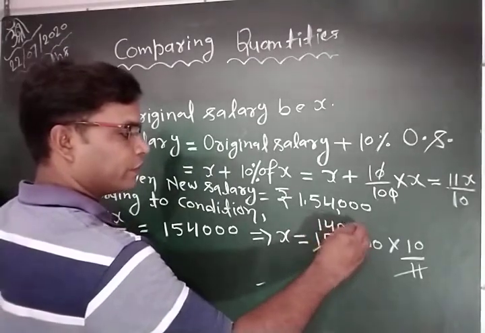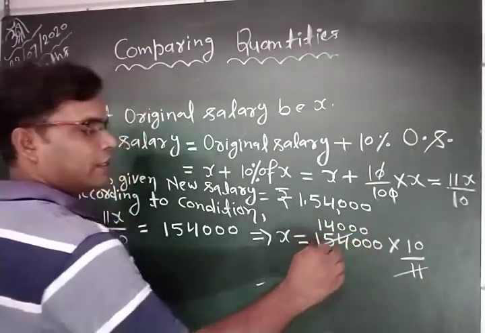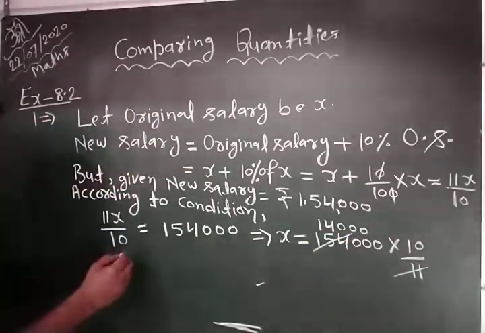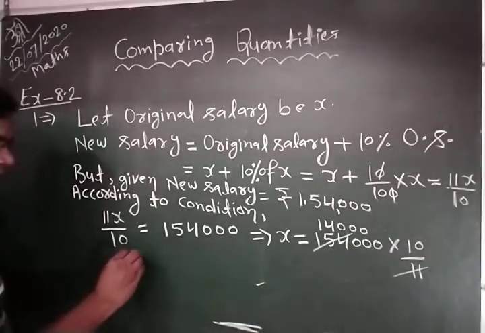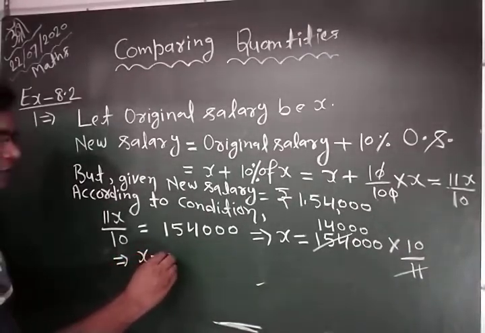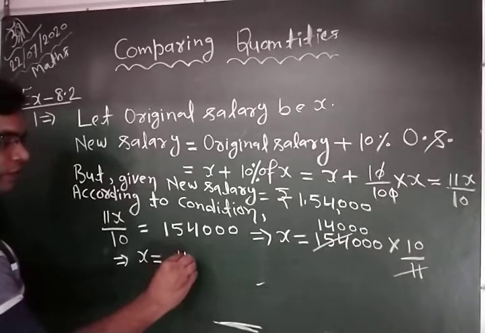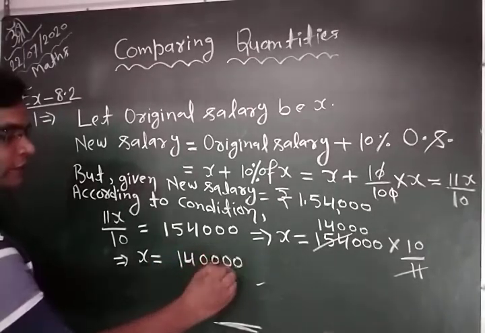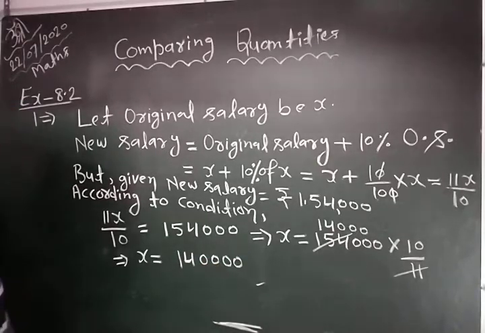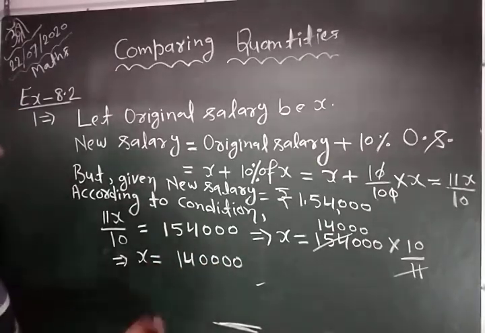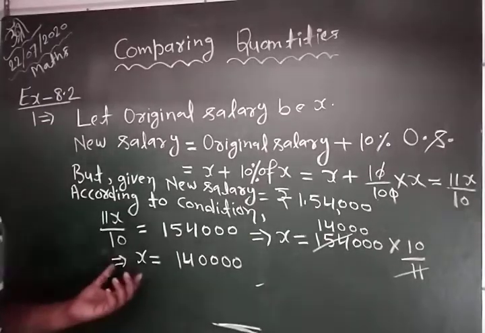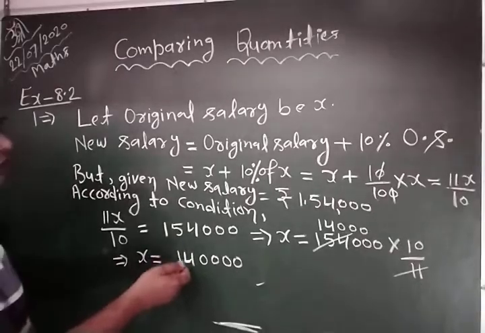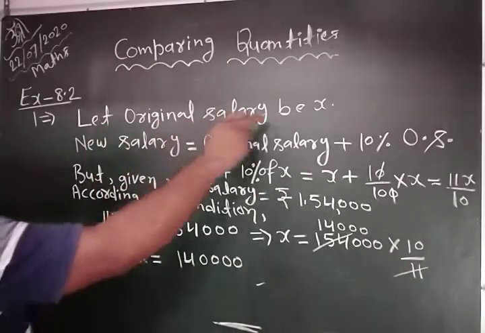and 14,000 into 10. So in this way we can find the value of x is equal to 1,40,000. Clear? This is the original salary. Hence, this is our original salary because we let original salary be x.